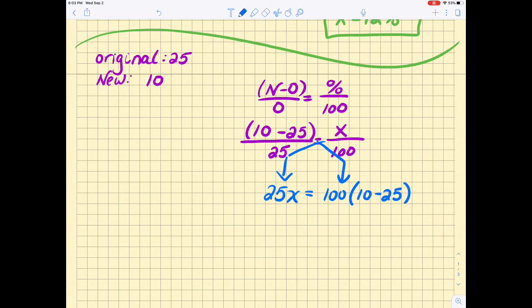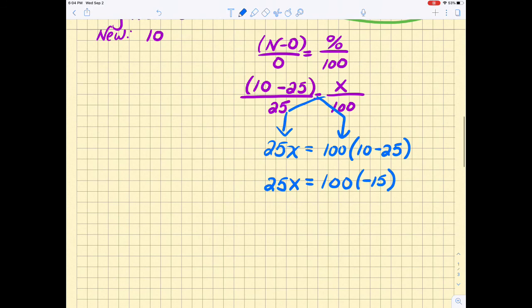Now again, you could distribute the 100 and then subtract. I prefer to subtract inside the parentheses and take care of that. Now some of you have a hard time with negatives and positives, so you need to check your work using a calculator. 10 minus 25 is going to be negative 15. Do you see what's happening yet? If you weren't sure about it before, what do you think the percent change is going to look like?